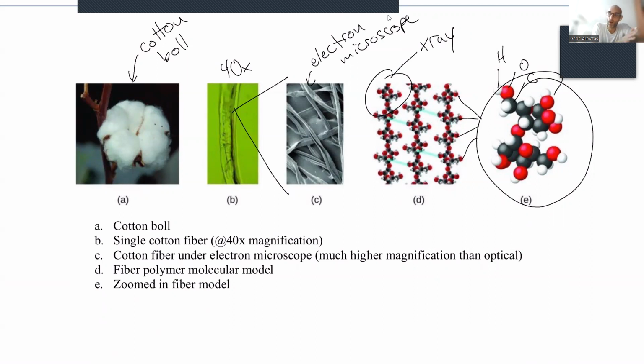The cotton ball at A breaks down into individual molecules, and this whole thing is a molecule composed of individual atoms or a group of different atoms. We're going to talk about that next.